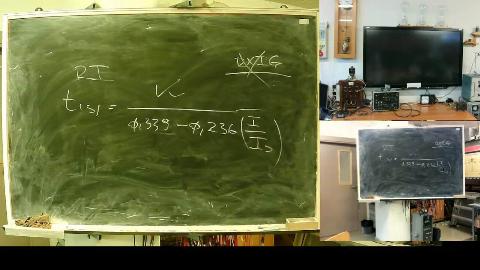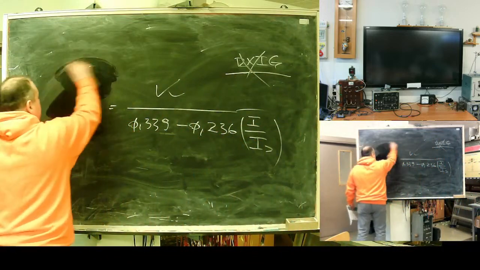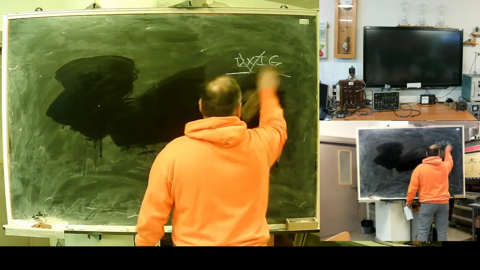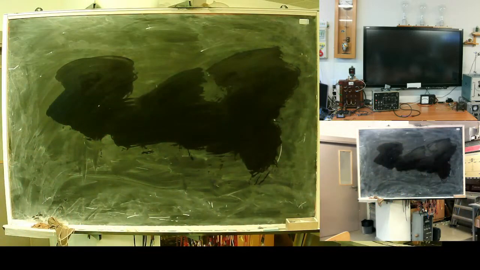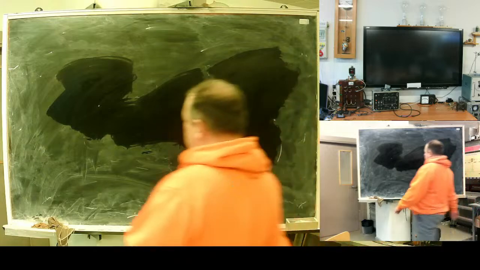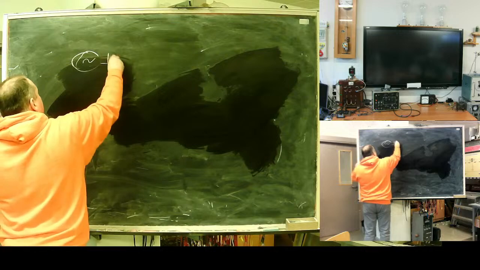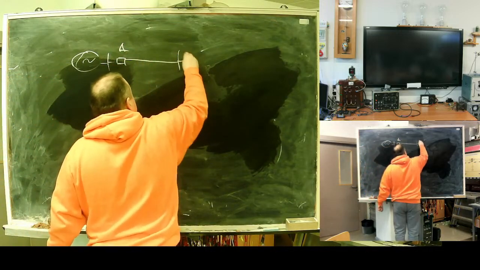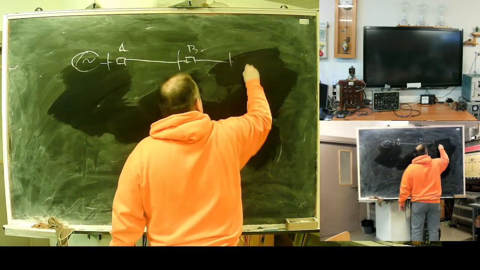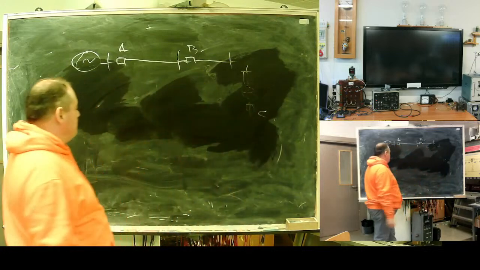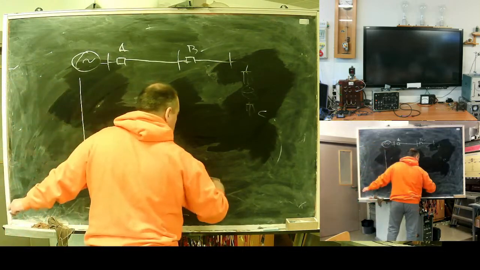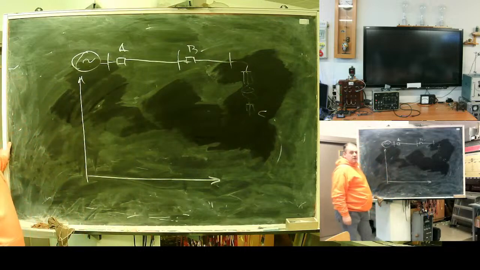Time dependent characteristics. If you have, for example, A, B, and fuse protected C, this is an important chart called the selectivity chart.